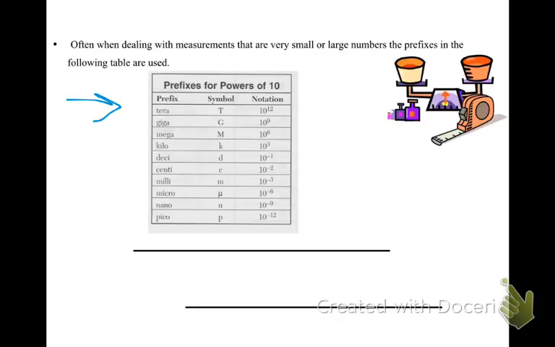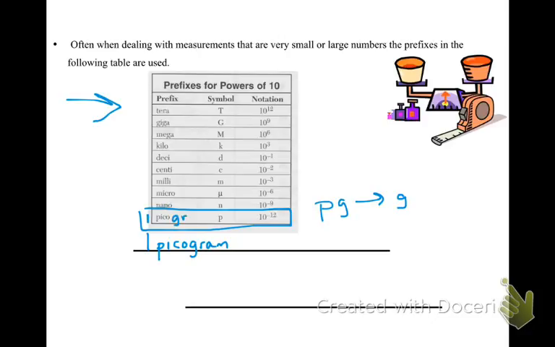So pretty simple. What we're going to do is you'll always place a 1 in front of the prefix. So let's just say we want to deal with picograms. We want to convert from picograms to grams. So we place a 1 in front of the unit that has the prefix with it. So a 1 goes in front there.